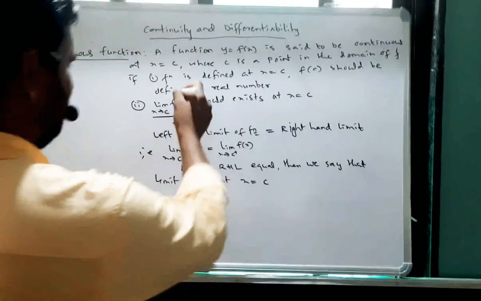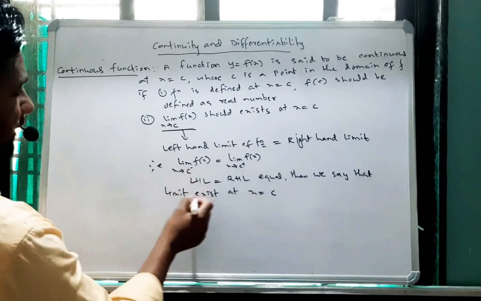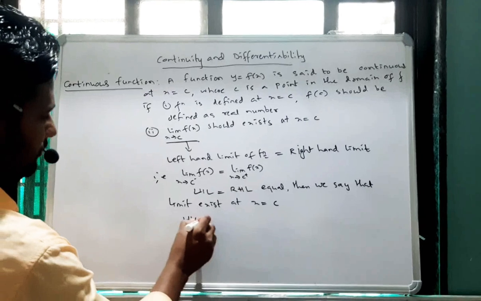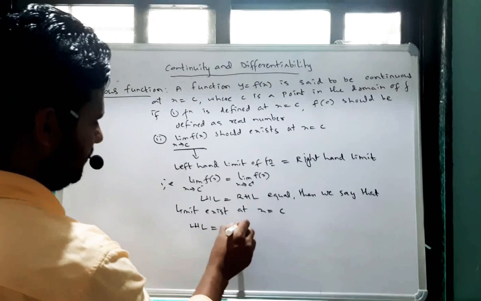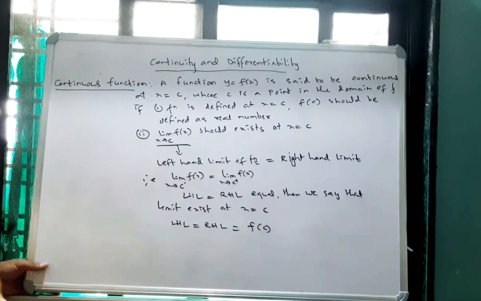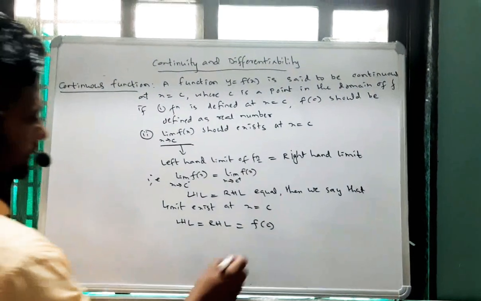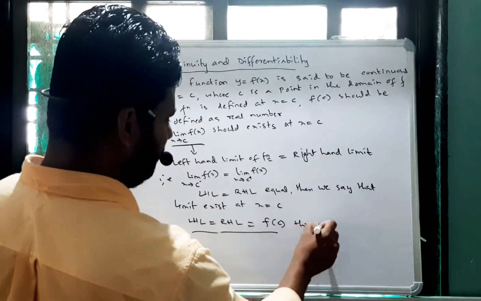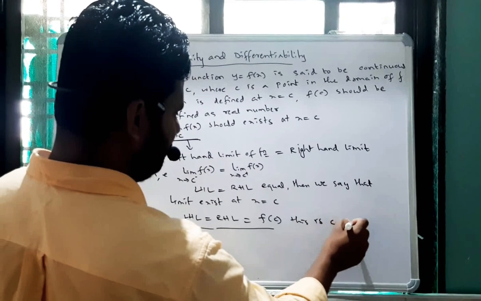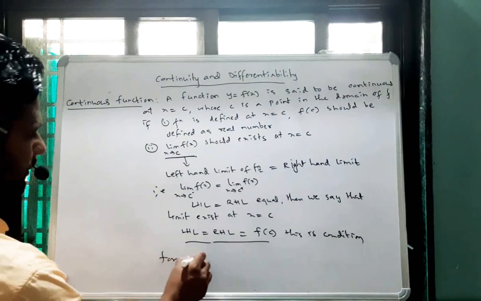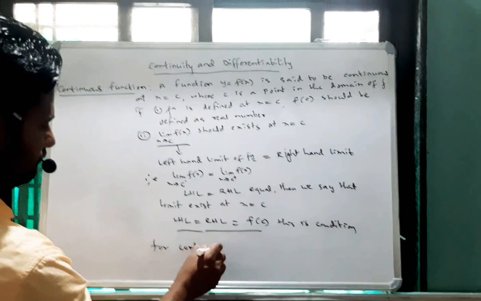Now this limit means that LHL is equal to RHL, and that should be equal to the value of the function at x equal to c, that is f of c. So this is the second condition for continuous function.